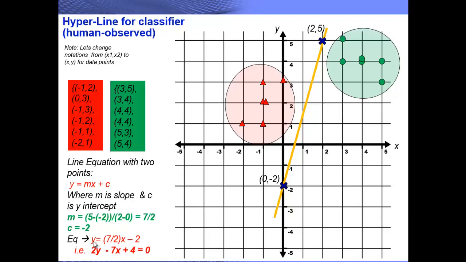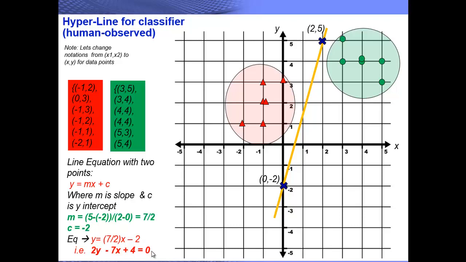If we multiply by 2 on both sides, we get 2y = 7x - 4. Bringing the right-hand side to the left, 2y - 7x + 4 = 0.